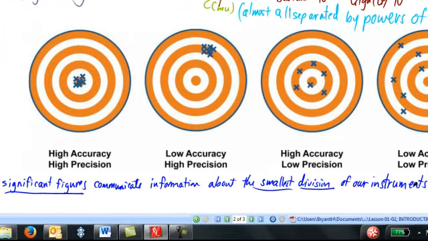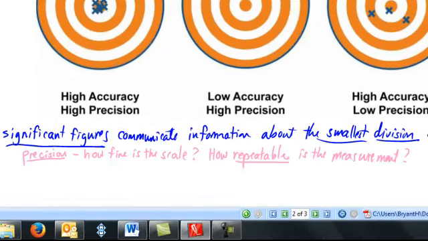Some people confuse precision with accuracy. Precision has to do with the degree to which our measurements are repeatable and how closely we're able to make a measurement. The finer the scale on our instrument, the more precise our measurement is.